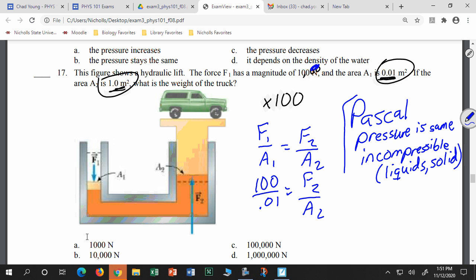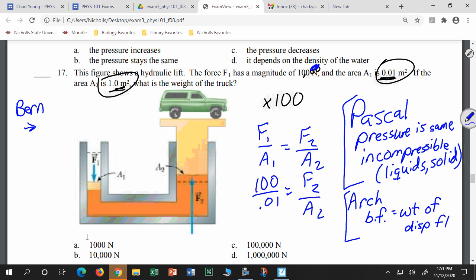That's Pascal's principle. Archimedes' principle says that the buoyant force is equal to the weight of the displaced fluid. I think that's all there is on that, really. The other things that we had were Bernoulli's principle. Bernoulli's principle was based on the conservation of energy.